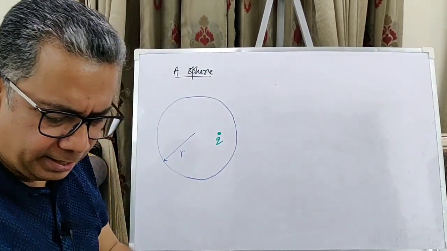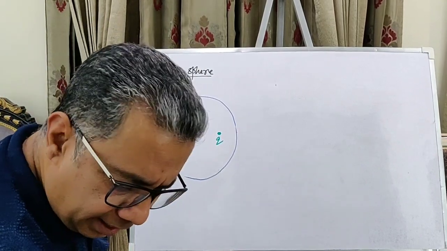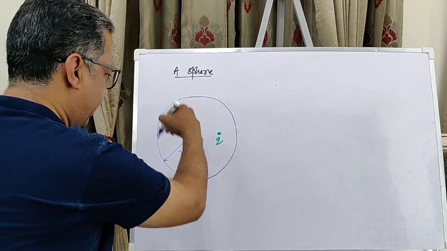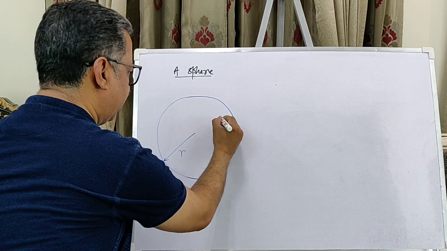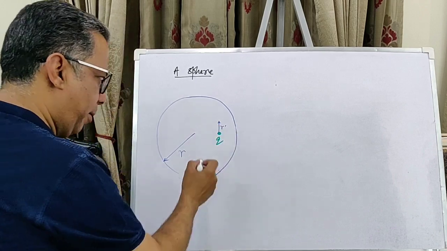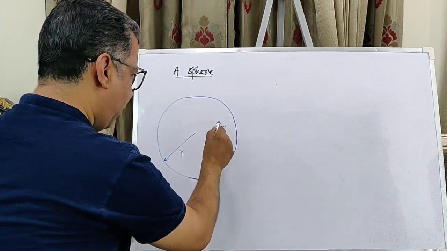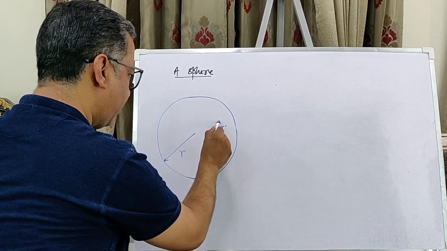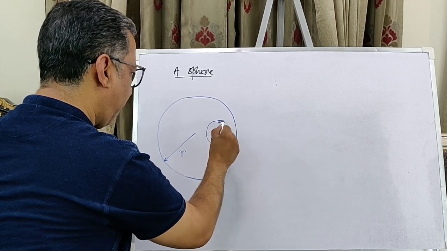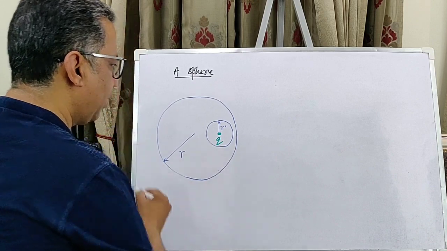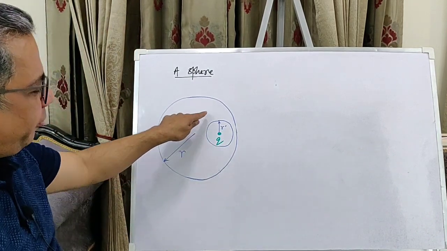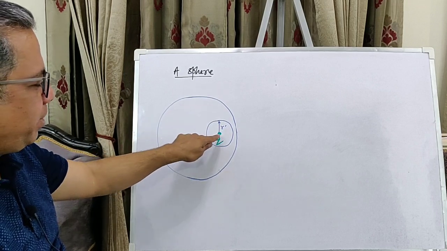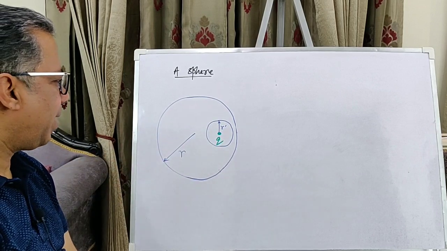I'll play a little clever trick here. I'll draw a smaller sphere of radius r prime around this charge, keeping the charge at the center.